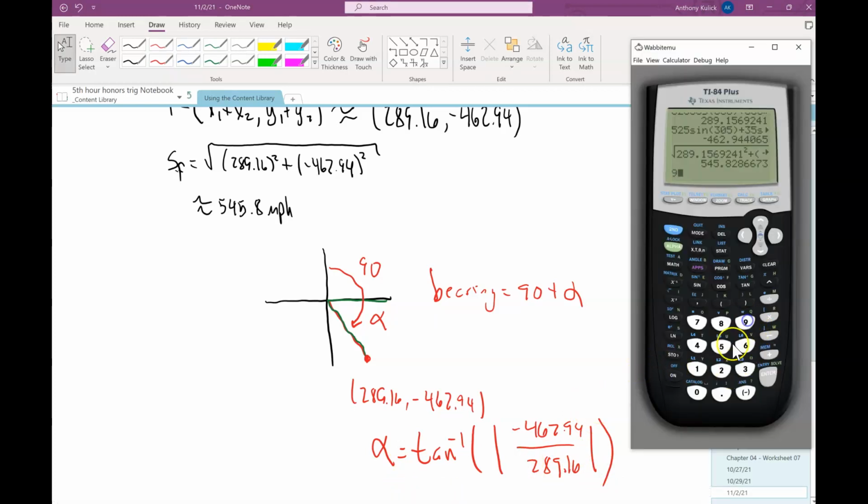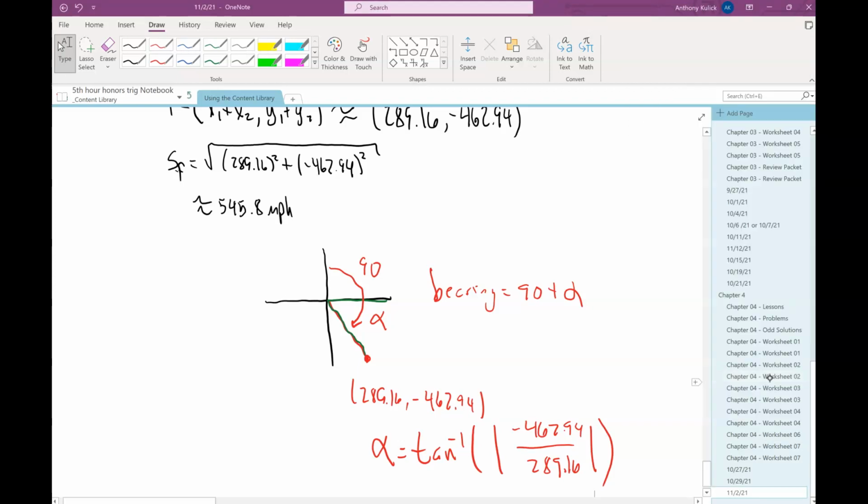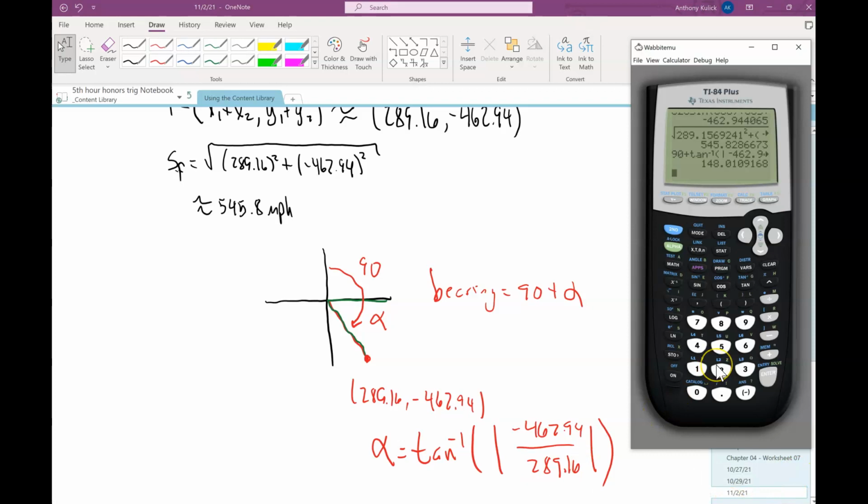And calculator time. So 148 is my bearing there.